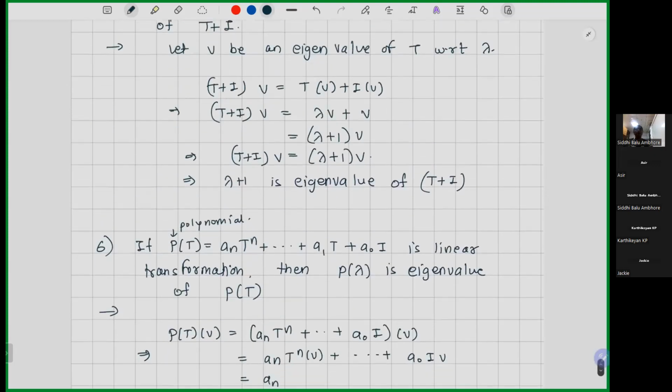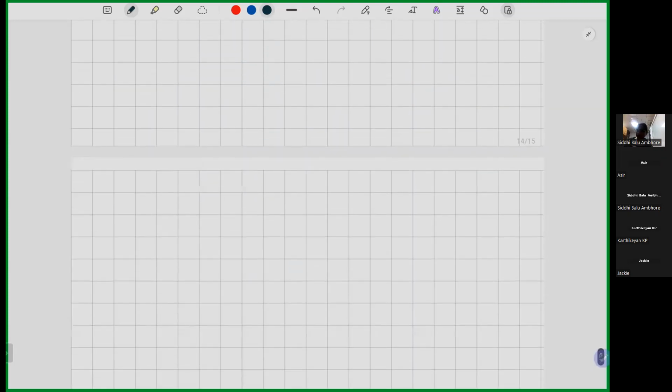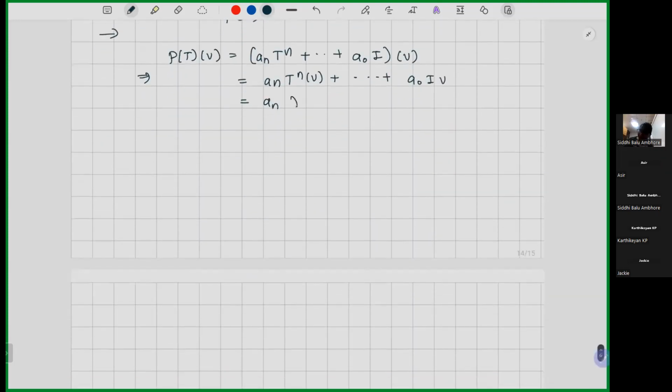Using the previous information, I get a_n λ^n v + ... + a_0 v, so this is (a_n λ^n + a_(n-1) λ^(n-1) + ... + a_0) v. So this is P(λ)v, right? Because that was my polynomial.